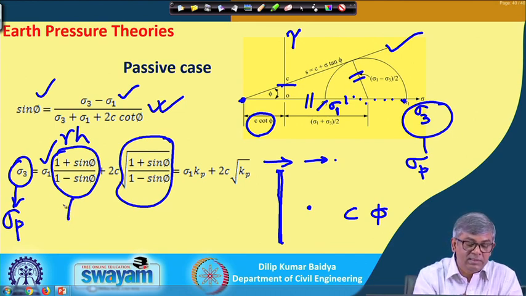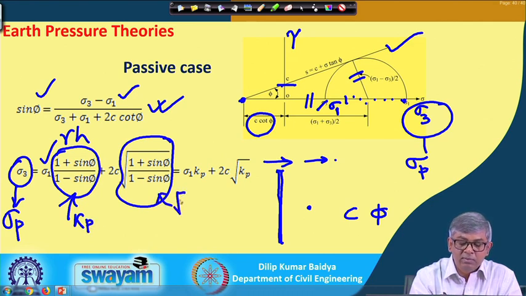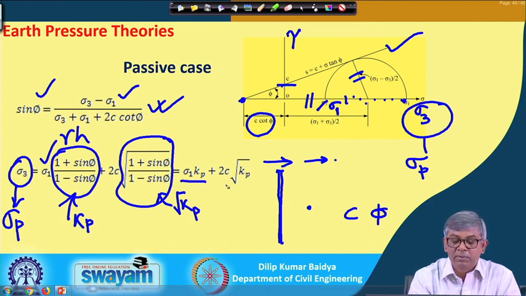Now, you can see this is nothing but K p, and this one is nothing but root K p. So, further simplifying, I can write sigma 3 equal to sigma 1 K p plus 2 c root K p, or gamma h K p plus 2 c root K p.